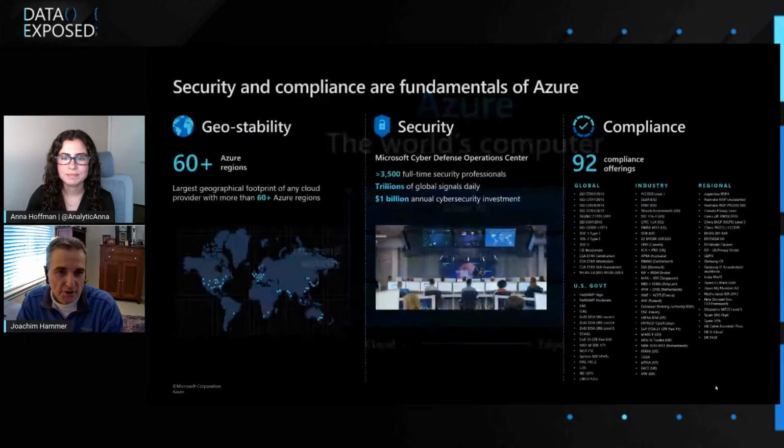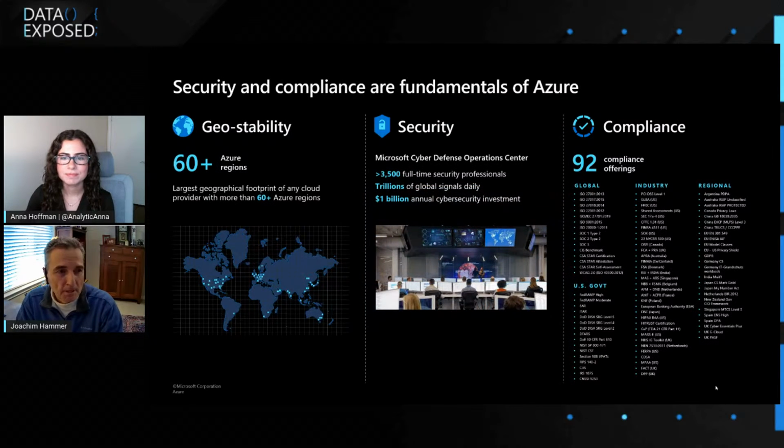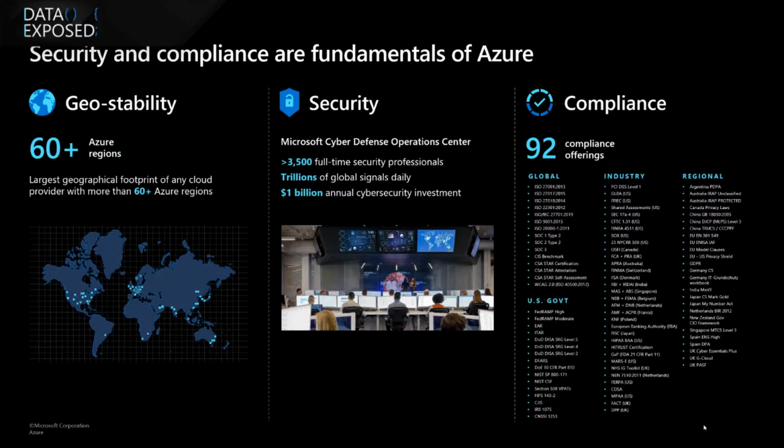Let me actually show you on the next slide how far we've come in terms of security and compliance. If you look back, 1989 or so was the first data center that Microsoft stood up.